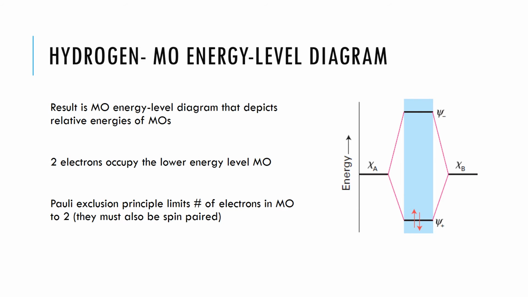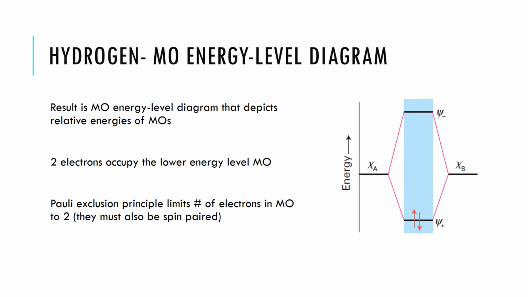So let's have a look at the molecular orbital energy level diagram for molecular hydrogen. So here we've got two hydrogen atoms that come together, their atomic orbitals overlap, and they form two molecular orbitals. And we can draw that as an energy level diagram, and it depicts each of the formed molecular orbitals relative to the two atomic orbitals from which it is constructed.